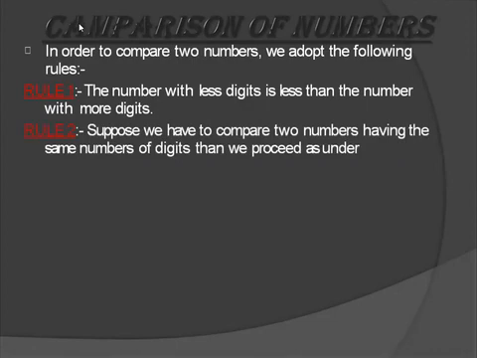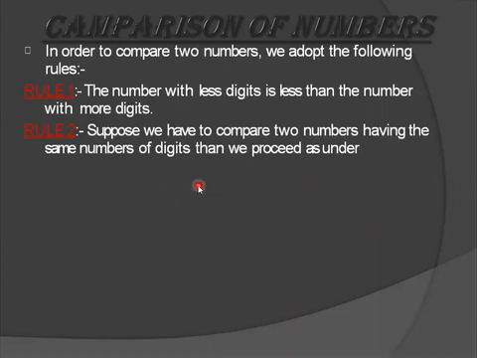Rule number 2 says, suppose we have to compare two numbers having the same number of digits, then we proceed as under. In the example I gave, one side had 5 digits and the other side 7 digits. But in case the left side has 5 digits and the right side also has 5 digits, what do you have to do?